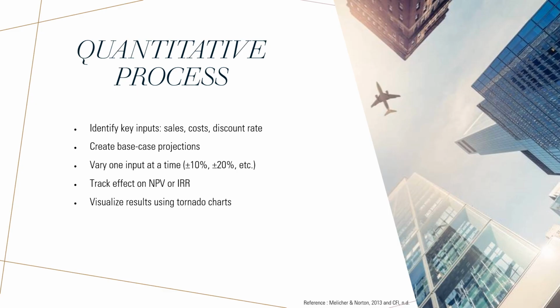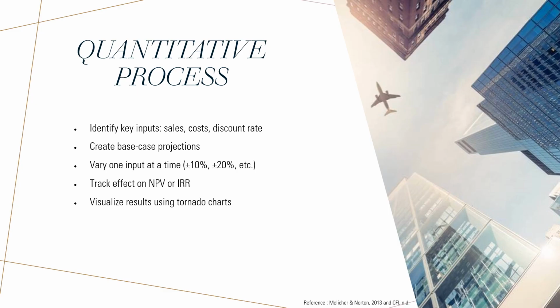The third is to vary one variable at a time, typically by plus or minus 10 to 20%, while keeping other inputs constant. Number 4 is recalculating the NPV or the IRR for each variation.